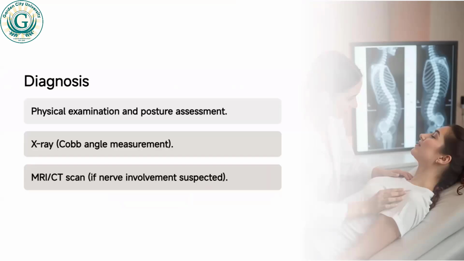Physical examination, you can see with your naked eye, as in the picture I'm trying to talk about. And then you can also do an x-ray. The x-ray will detect how inward the spine has been. And then you can also do MRI if there's any nerve involvement or you are suspecting any neurological issue. All right.